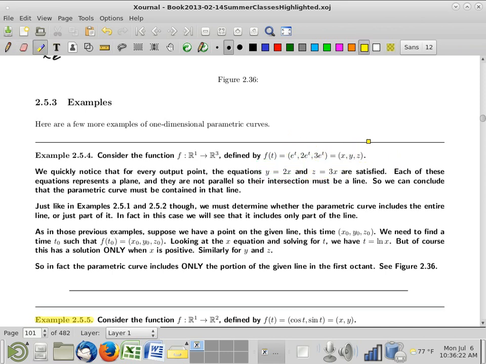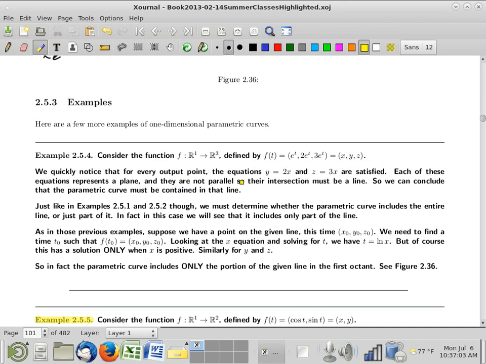Therefore, the image is on the intersection of these two surfaces, and then you realize, oh, wait a minute, those are in fact planes. So back from chapter 1, right? These are equations of planes in R3, and you can ask what happens when you take two planes and look at the intersection of those two planes? Well, you get a line. In fact, you could use observations much like these to generate the symmetric equation of the line that is parametrized by this function.